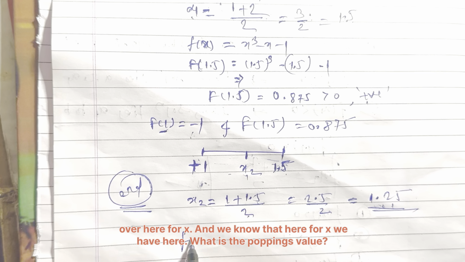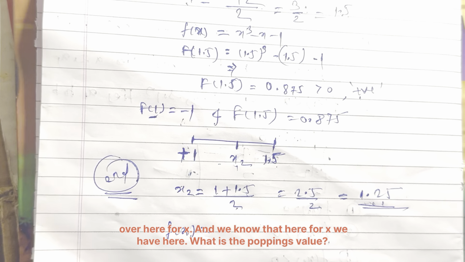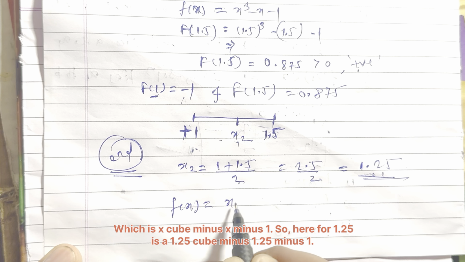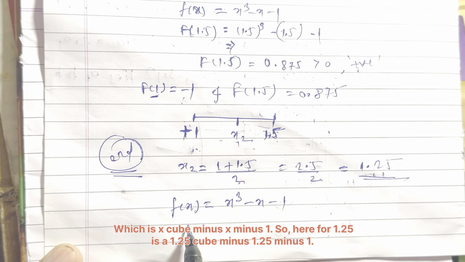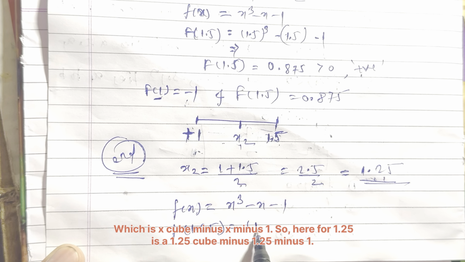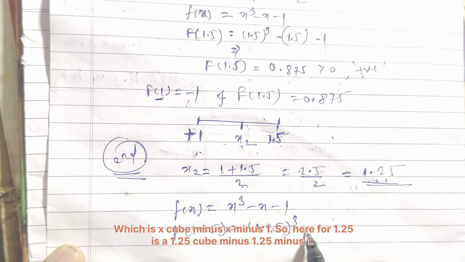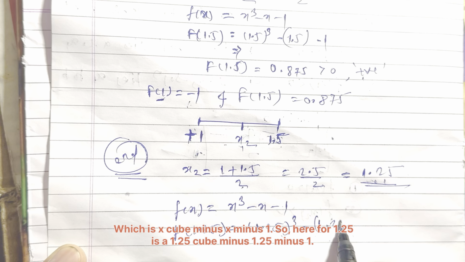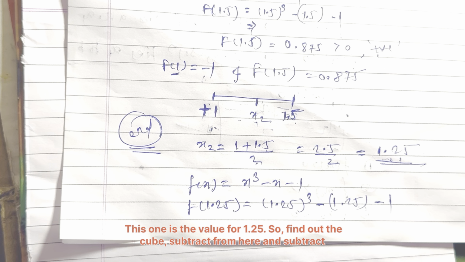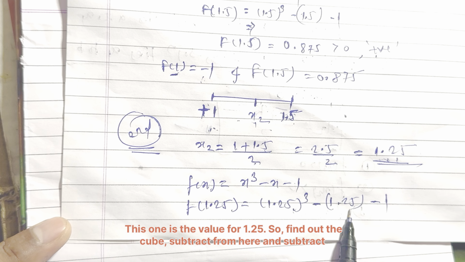And we know the f of x we have here: what is the f of x value? It is x cube minus x minus 1. So f of 1.25 is 1.25 cube minus 1.25 minus 1. This is the value for 1.25. So find the cube and subtract.